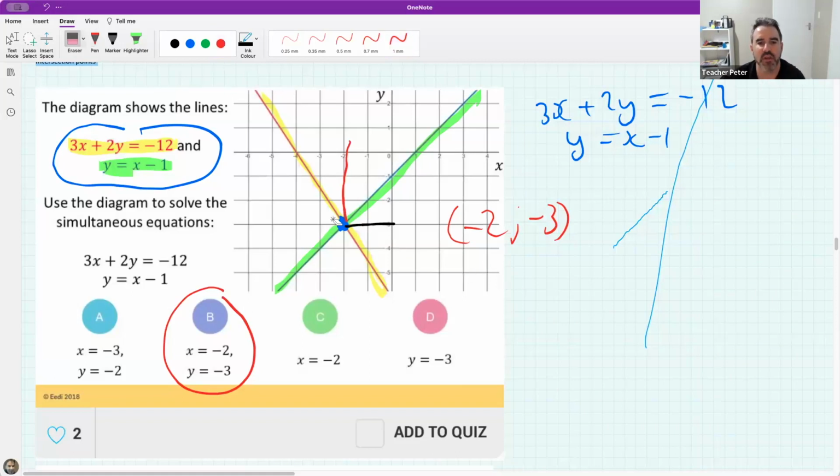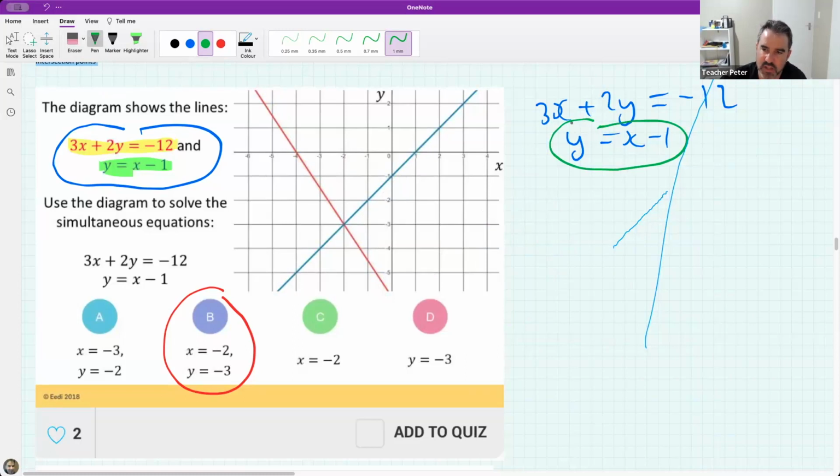Yes. Now, just to show you how this would work in algebra, this is more of a simultaneous equations idea from earlier in the year. If you have these two equations and you want to find a simultaneous solution, you take the easy equation and you sub it into the harder one. So, for example, 3x plus 2 times whatever y is equals -12.